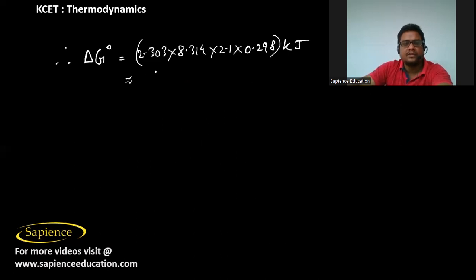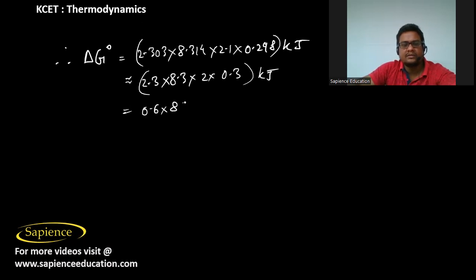If we solve it approximately, 2.303 is about 2.3, 8.314 is about 8.3, 2.1 is about 2, and 0.298 is about 0.3. So 2.3 into 0.6 is about 0.6 into 8, which is about 2.5 into 8, so 5 by 2 into 8, which is approximately 12 kilojoule.